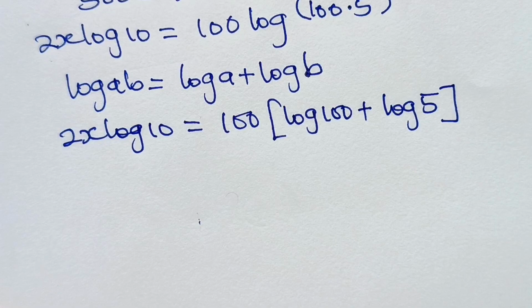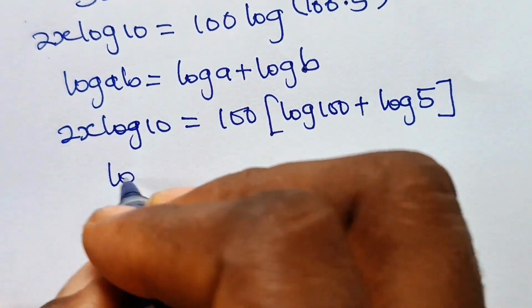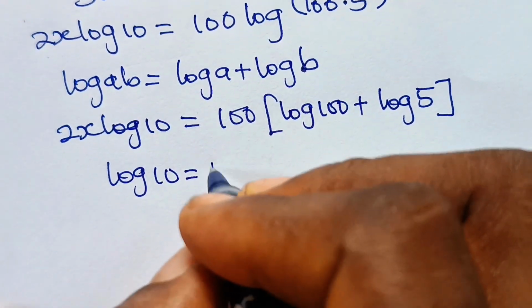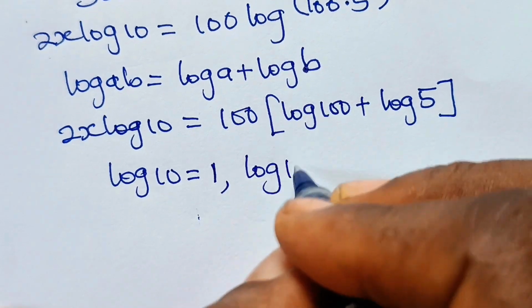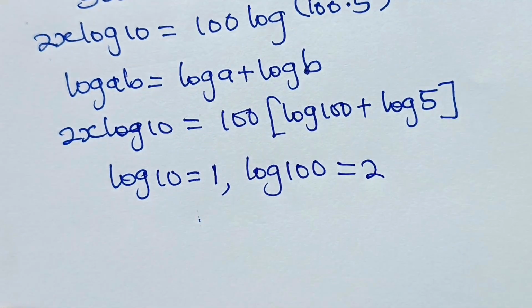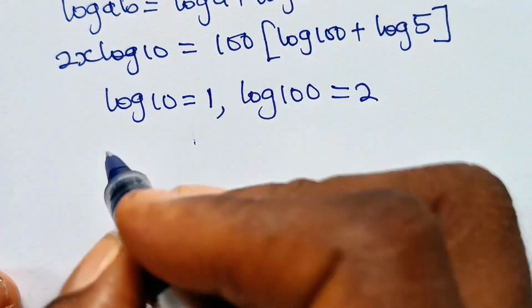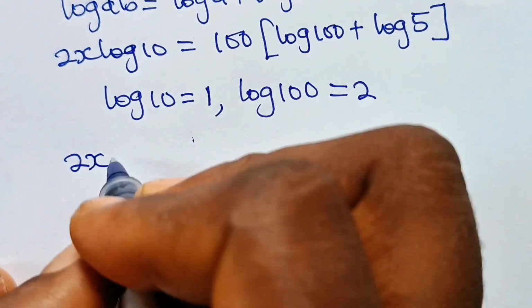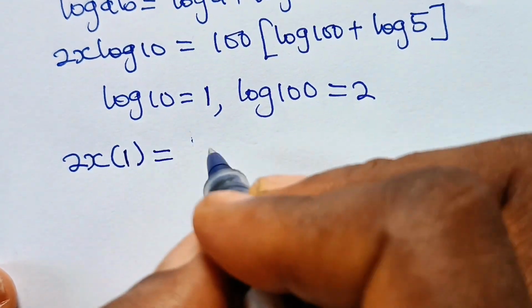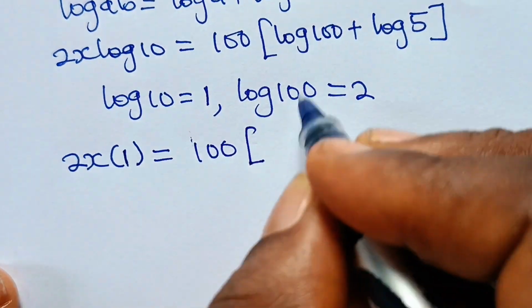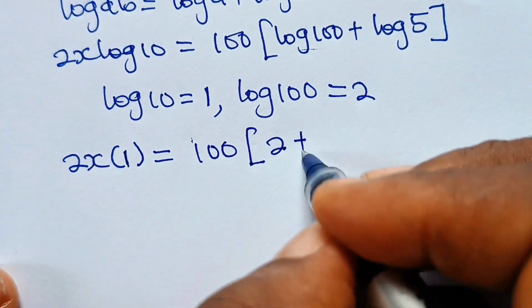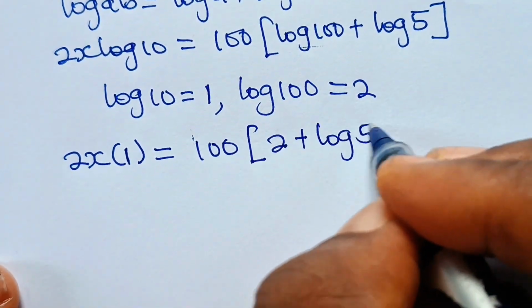Now note that log 10 is equal to 1 and log 100 is equal to 2. Now let's substitute. So if we substitute, we have 2x multiplied by 1 is equal to 100 brackets, log 100 is 2, plus log 5.